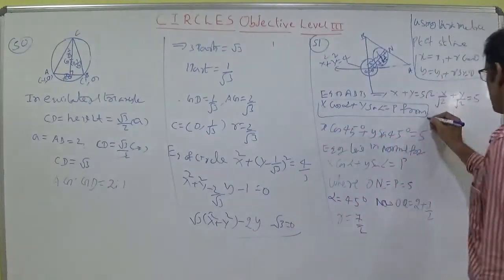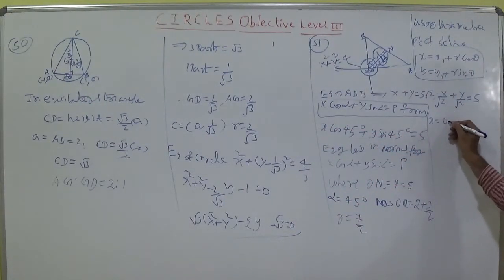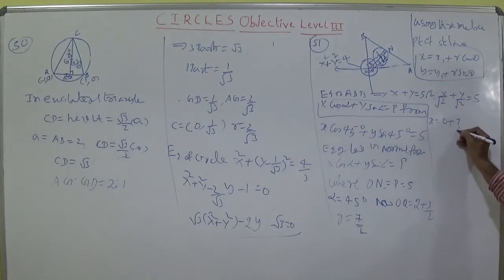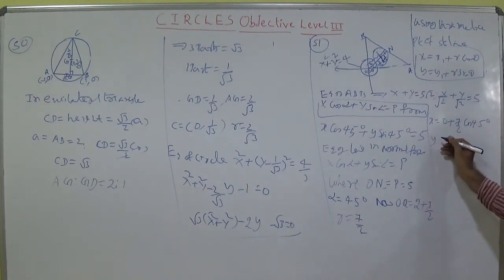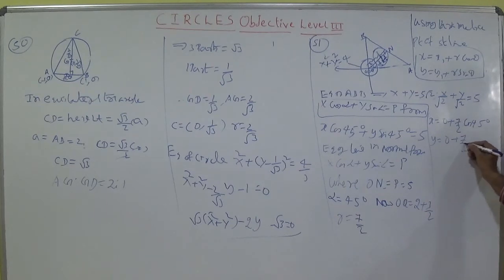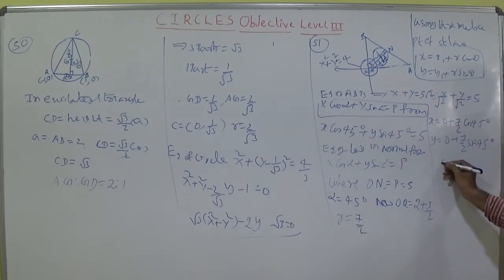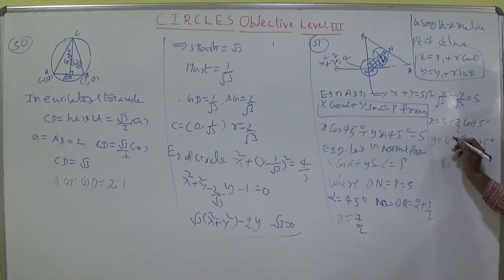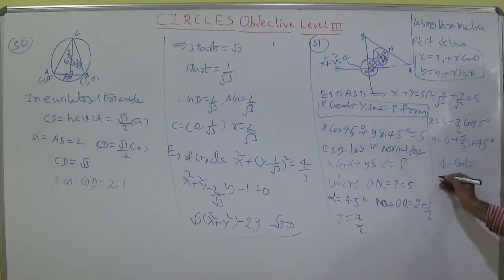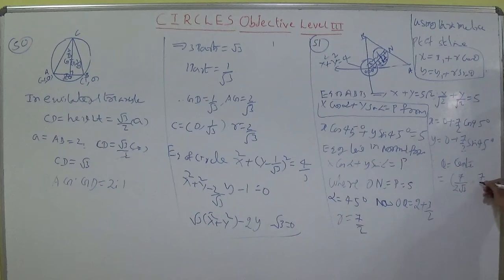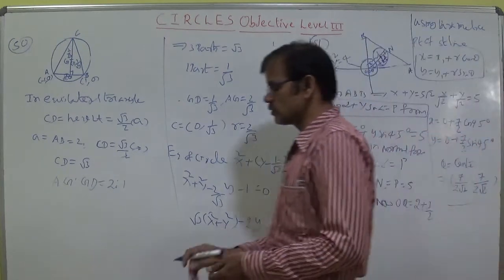Here you should calculate x is equal to x1, means 0 plus r, means 7 by 2 into cos 45, and y is equal to also 0 plus 7 by 2 into sin 45 degrees. Therefore, point Q is the center. Point Q is the required center. Required center is equal to 7 by 2 root 2, comma, again 7 by 2 root 2. 7 by 2 root 2, comma, 7 by 2 root 2 is the required center.